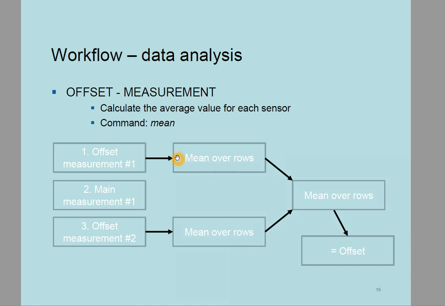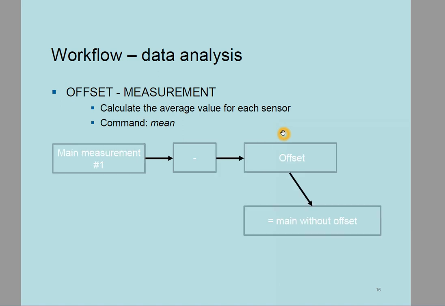So it's the same data treatment for both, and we can use the command mean in MATLAB, and then we build a mean over the rows out of these two measurements, and we end up with a single offset measurement variable. Then we have these two variables and subtract the offset from the main measurement, and we end up with the main without offset. I think that's pretty clear.